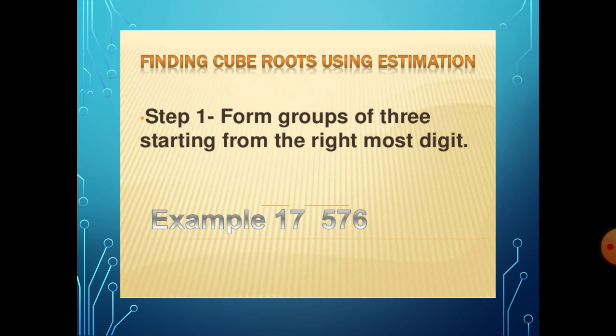Like you can see in the example 17576. I will start making groups from 6, that is the unit place. 6, 7 and 5 are in one group, and only these 2 digits, 1 and 7, are left, so leave them as they are.